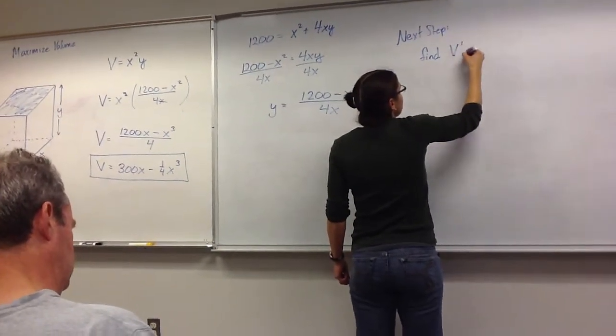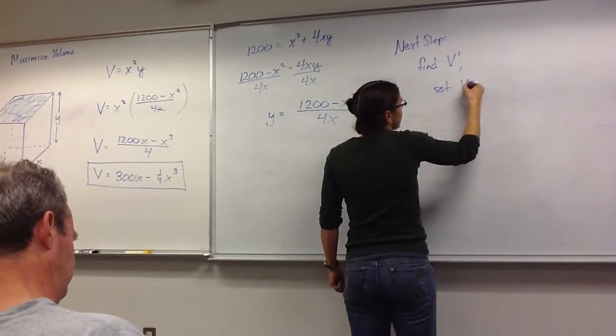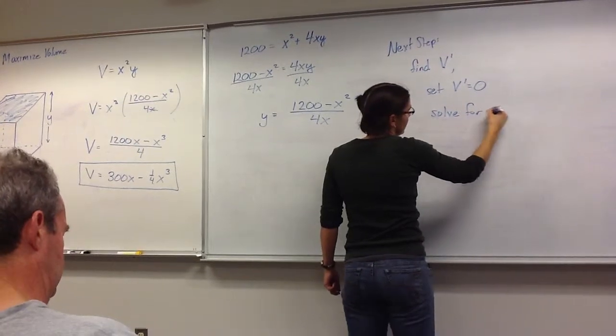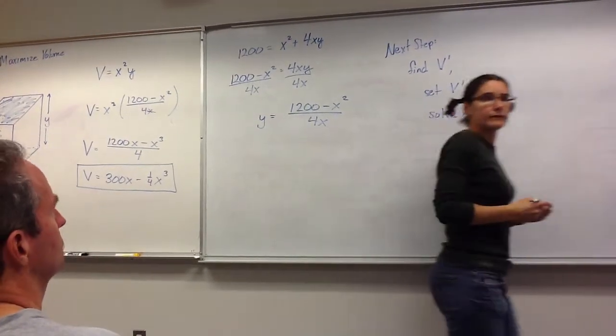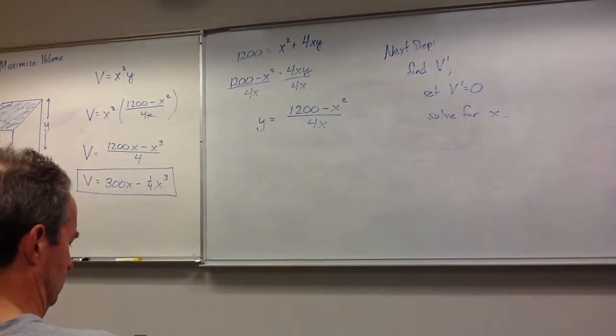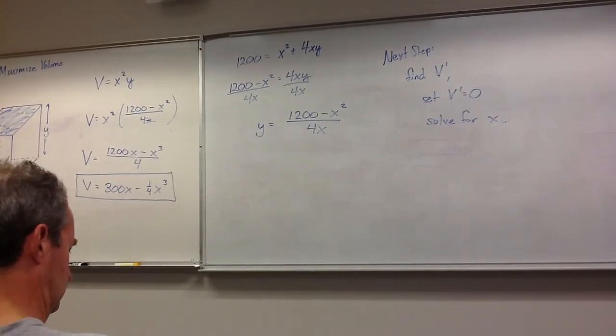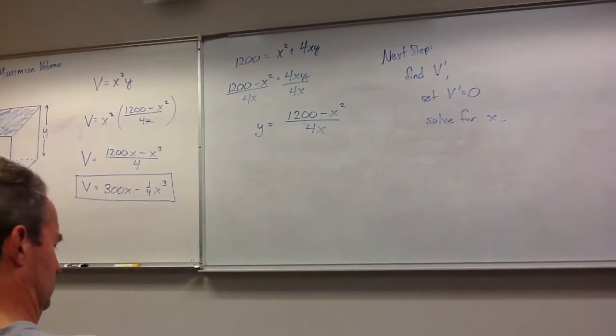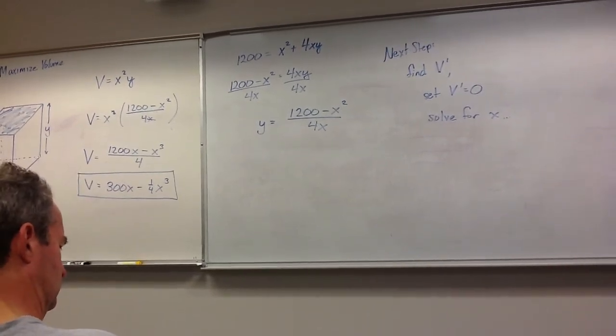Find v prime, set v prime equal to 0, and solve for x. All right. Questions or comments? Okay. Then let's wrap up here.